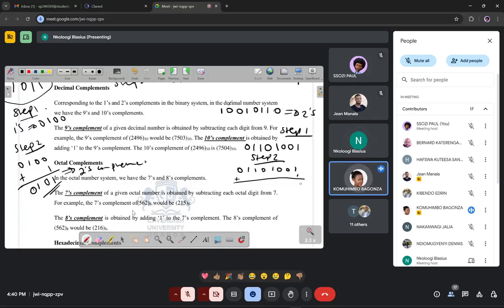So we write 0 and carry the 1 up to the next figure. So that would give us a 1, 0, 1, 0, 1, 1, 0. Good. So that is about the two's complement.